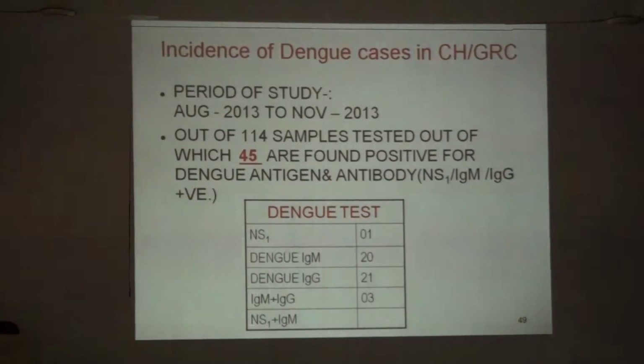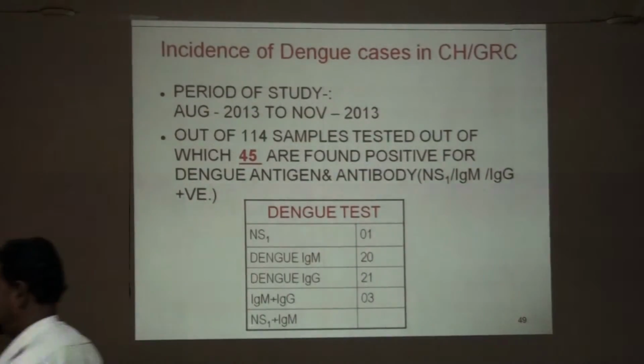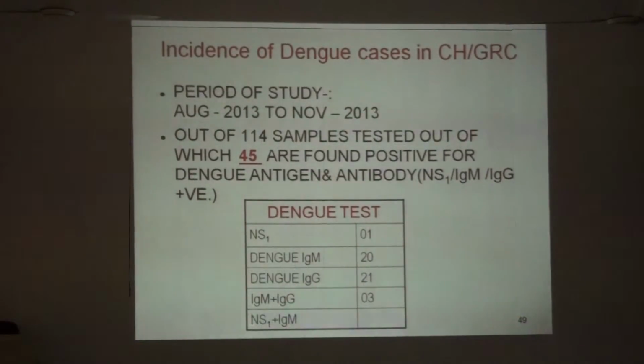But it depends upon the availability of the kit, mainly the NS1, because NS1 was not available previously, so it is very difficult. Only one case was NS1 positive, dengue IgM was positive in 20 samples, and in 21 samples IgG was positive. In 3 cases both IgG and IgM were positive.